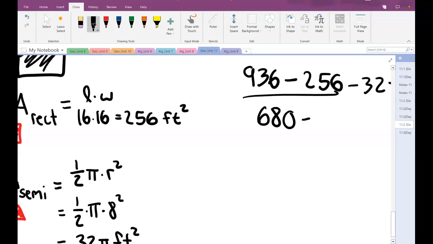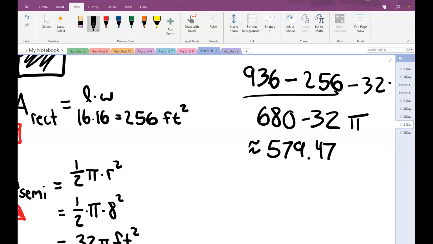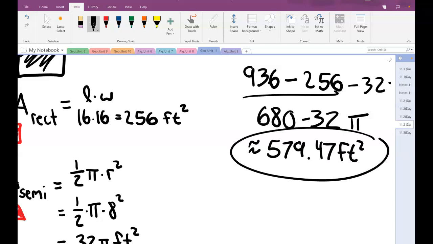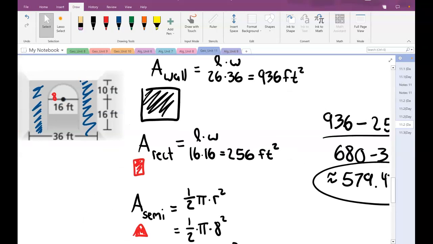So 680 minus 32 pi. Then put that in your calculator and get an approximate answer, rounded to the nearest hundredth: 579.47 feet squared. So that's the area of just what's in blue, the area you have to paint. You're not going to paint the doorway. Rounded to the nearest hundredth.